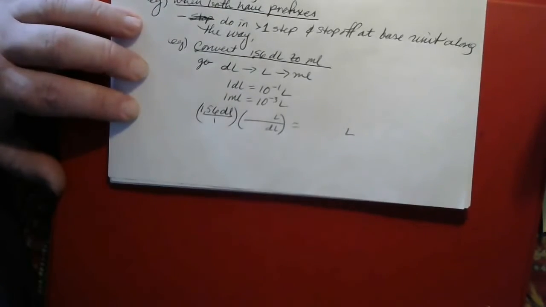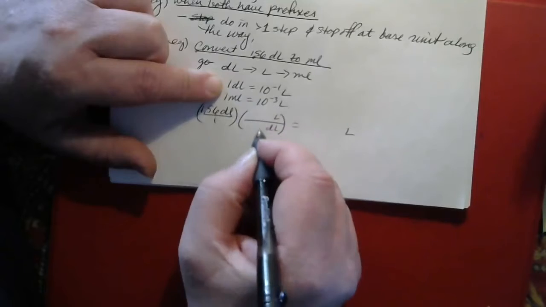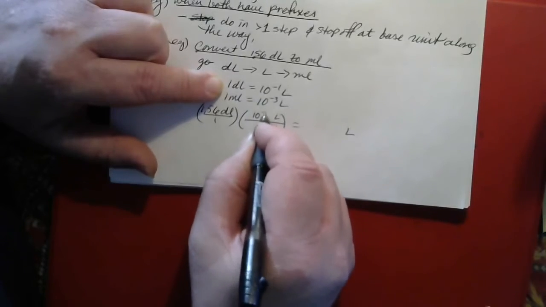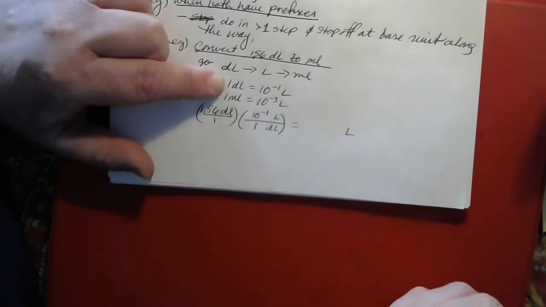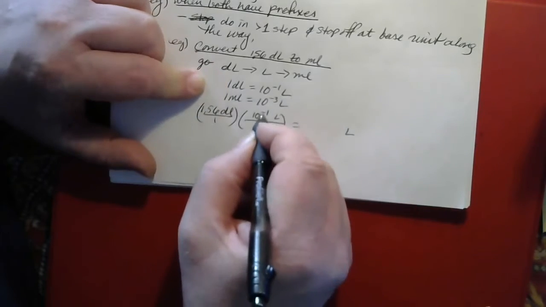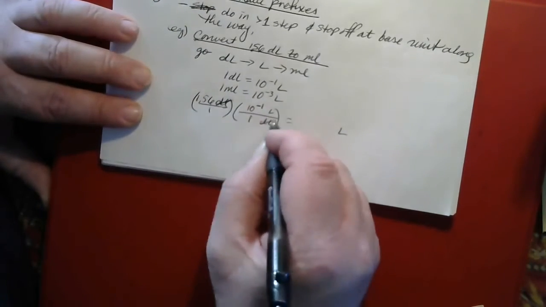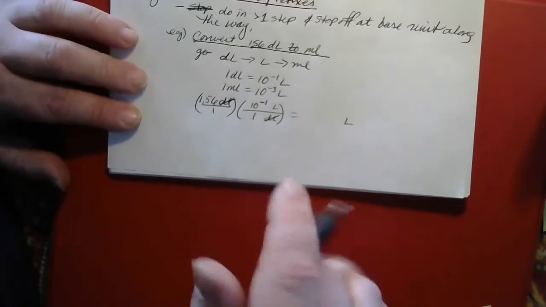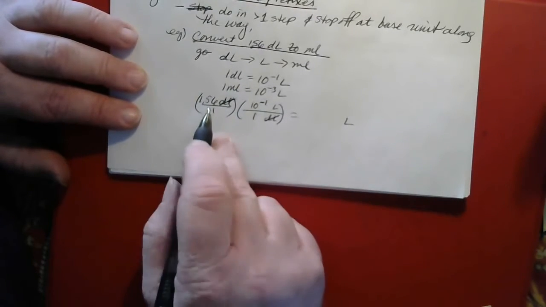And we have right here that 10 to the minus 1 liters is equivalent to 1 deciliter. So we note that deciliters do cancel, and we end up with liters as the unit for the answer.